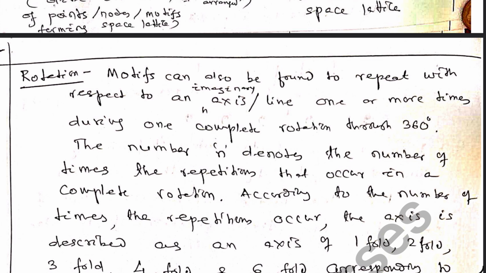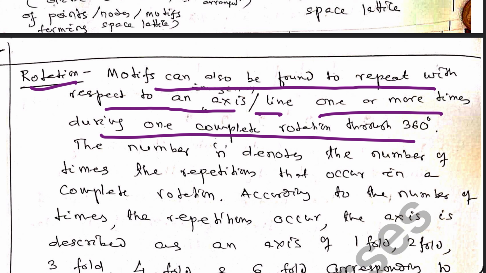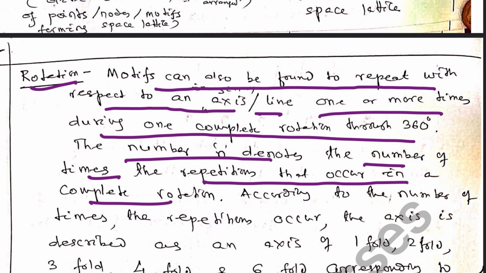Rotation. Now let us discuss what is rotation. Motifs can also be found to repeat with respect to an axis or line one or more times during a complete rotation of 360 degrees. The number n denotes the number of times the repetition occurs in a complete rotation.